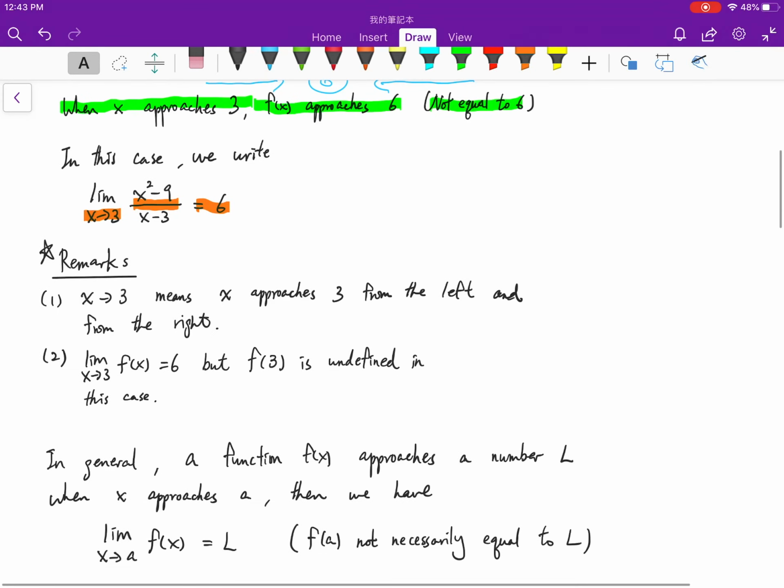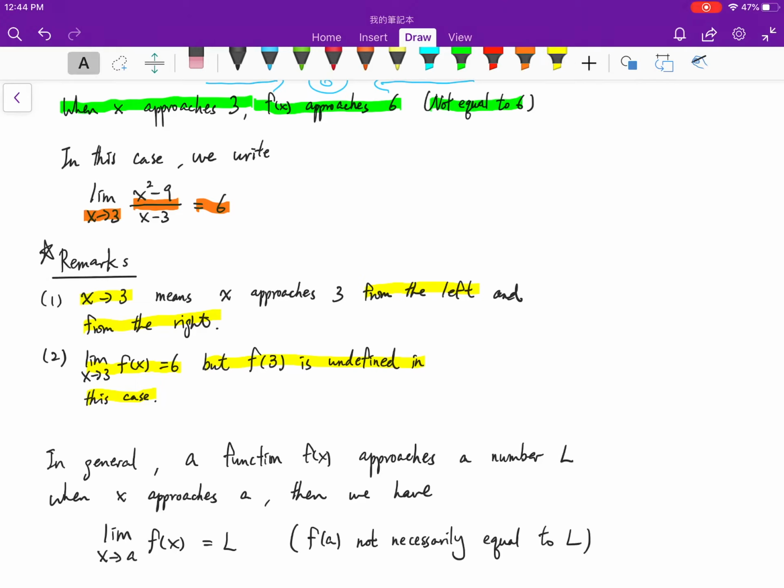Here are some remarks. Remark 1. x approaching 3 actually means x approaches 3 from the left and also from the right. Remark 2. You have the limit as x approaches 3 of f(x) equal to 6, but f(3) is undefined in this case.